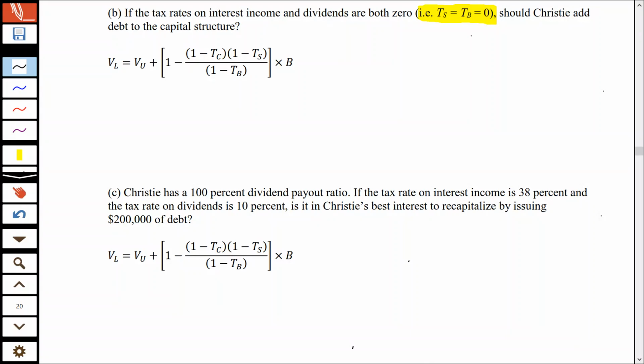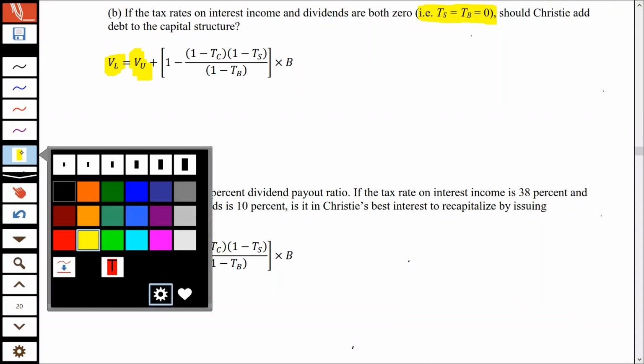So once again, in the interest of time and making your lives a little bit easier, I have included the relevant formula in the booklet here. And so we see the value of the levered firm. It starts out, as was the case in Chapter 16, being equal to the value of the unlevered firm.